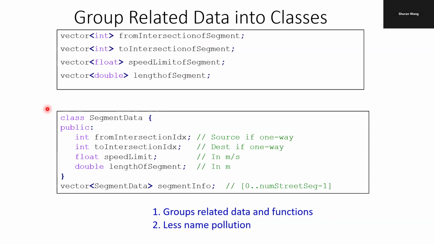So it's more structural and you only have to call segment info, and whenever you add a field, you can just do segment info dot name of field. So it's really easier to understand. That's grouping related data into classes. And by grouping, it really adds in structure, which is a good thing.